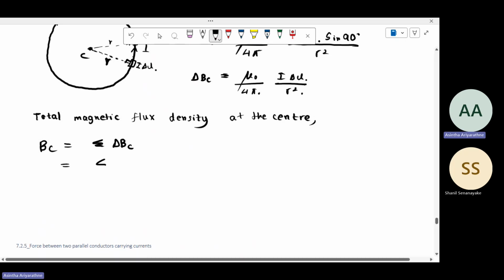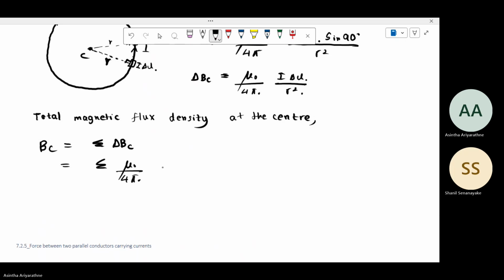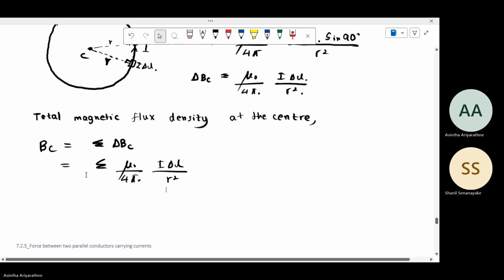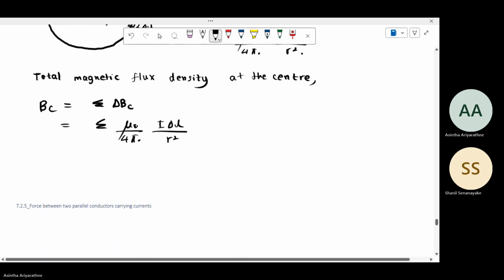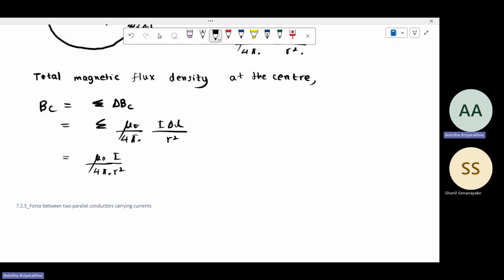So delta B summed gives mu naught over 4 pi, I over R squared. Mu naught over 4 pi is a constant, I is constant, you can take them out.